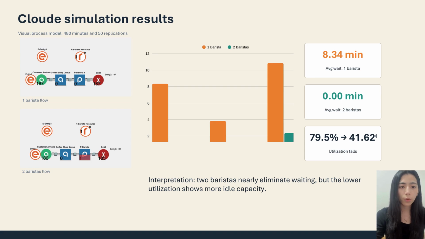The main takeaway is that adding a second barista almost eliminates customer waiting and helps customers move through the system much faster. However, there is also a trade-off. Barista utilization decreased from 79.5% to about 41.62%, which means the two barista system provided better customer service, but it also creates more idle capacity.